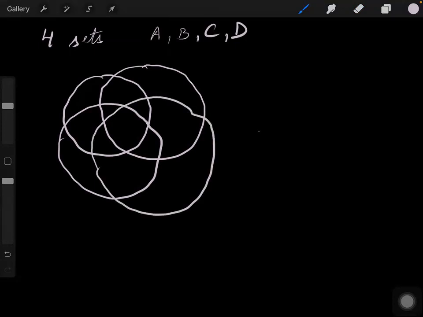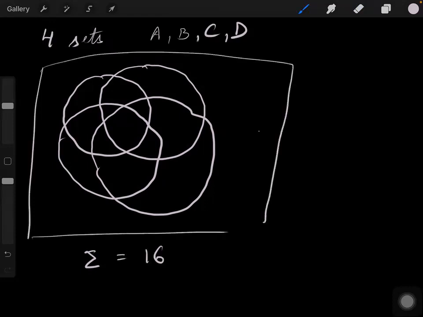You may think that this is a correct solution, but as we found in the previous step, there should be altogether 16 regions represented in this figure, including the null set. So let's try to count how many regions there are. I'm going to go outside.